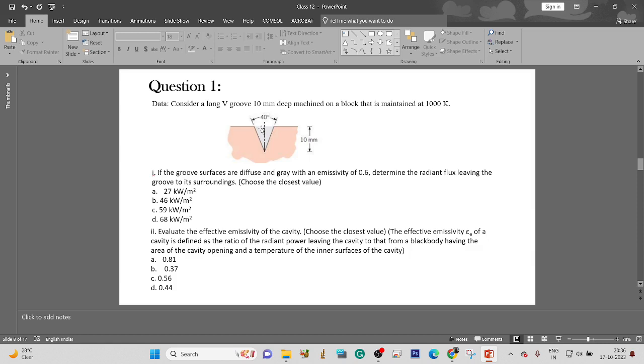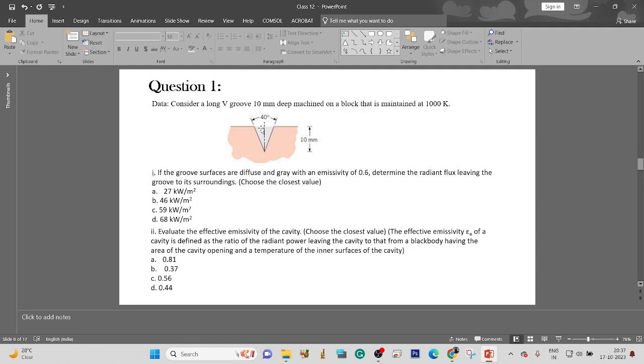single triangle. Let me use some color. If we consider this a triangle, this is 20 degree, right? So if this is L and this is X, then tan 20 degree is equal to L by X, right?